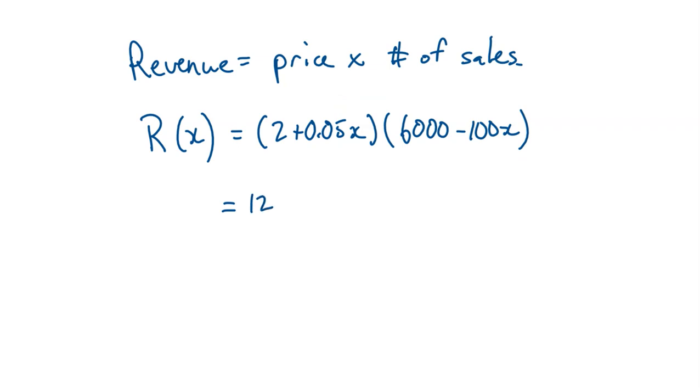So this is 12,000 minus 200x plus 300x. So 0.05 times 6,000 is 300. Minus 5x squared.